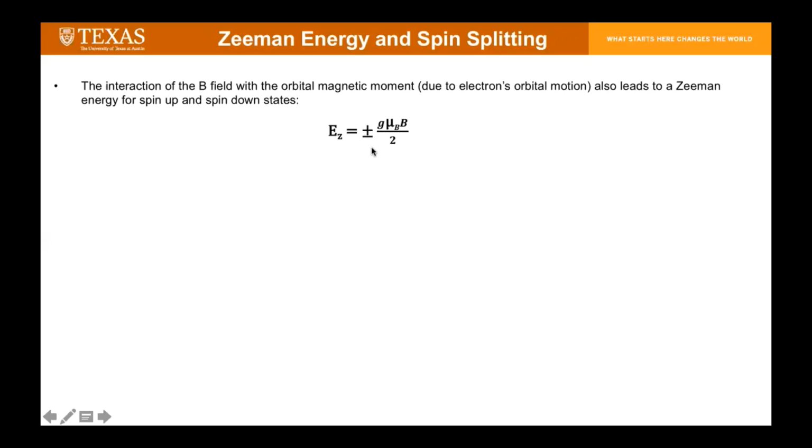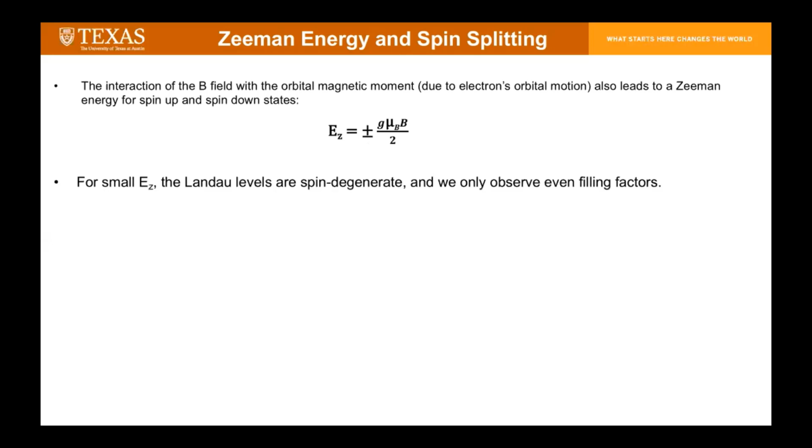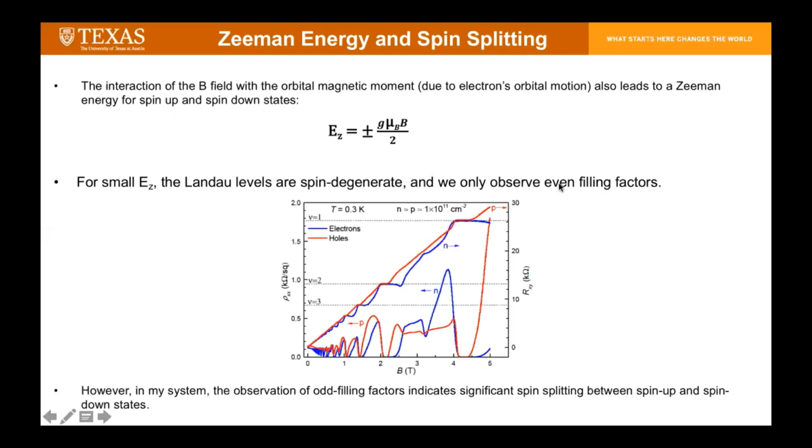When you have a small Zeeman energy, the Landau levels are spin degenerate, which means that both spin up and spin down electrons stay in the same Landau level. So you only observe the Landau levels for even filling factors, because one Landau level holds both spin up and spin down.